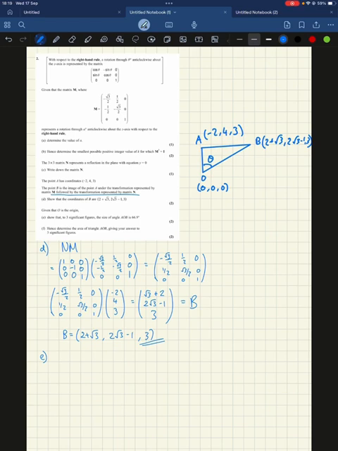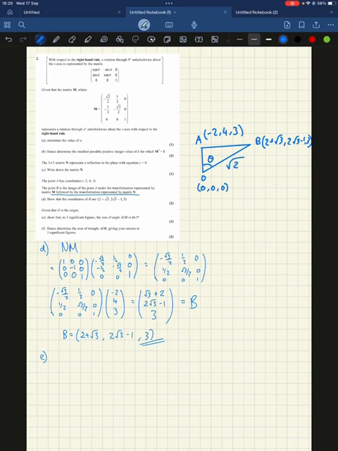Okay, so we can find this length, we can also find this length, and we can find this length. So it's just going to be cosine rule. So OB is going to be 2 plus root 3 all squared, plus 2 root 3 minus 1 squared plus 3 squared.